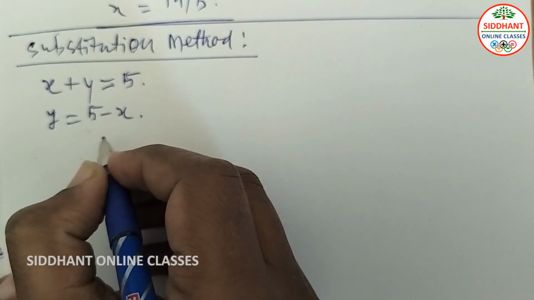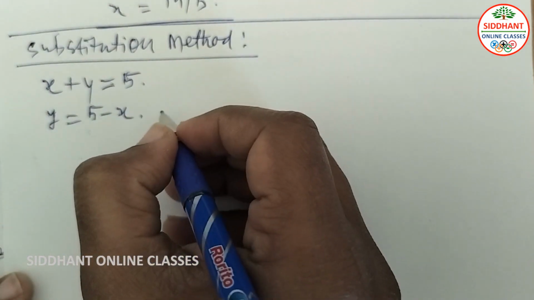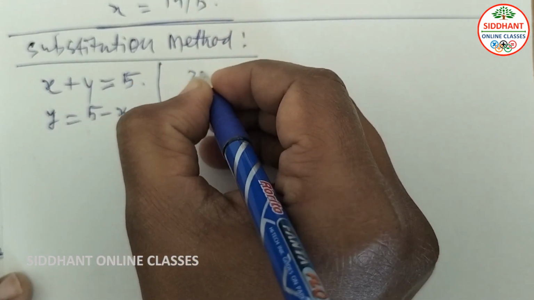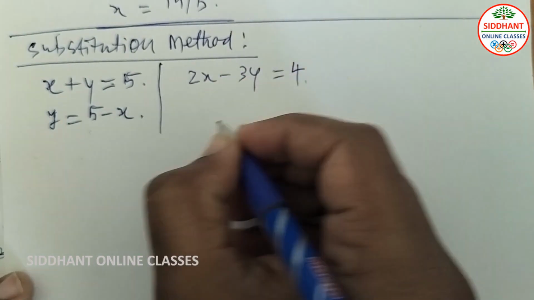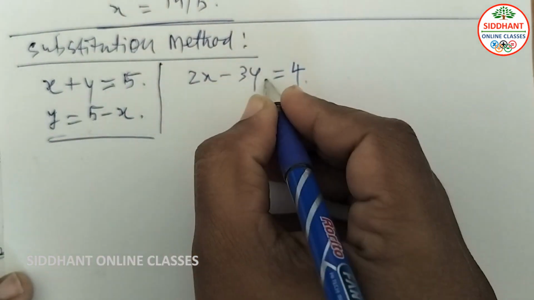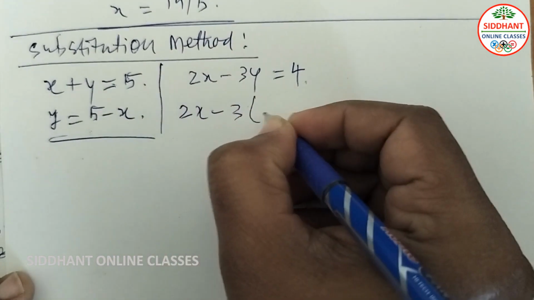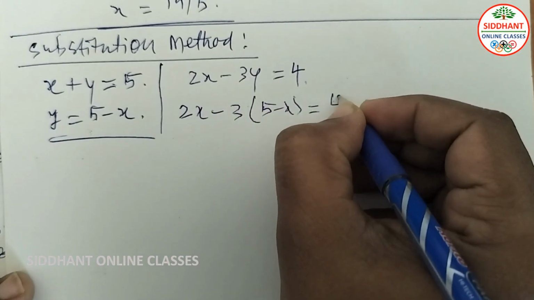So now we know the y value. Now we are going to input it in equation 2, that is 2x minus 3y equal to 4. We input this y value in this equation. That means 2x minus 3 into (5 minus x) equal to 4.